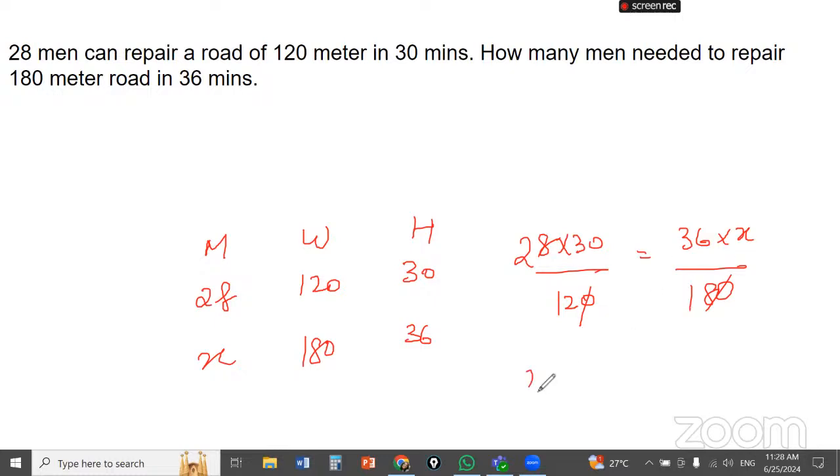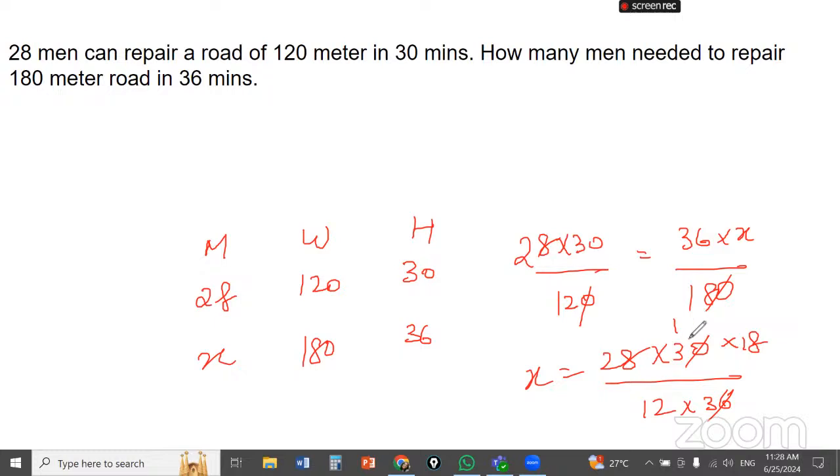So you get x is equal to 28 times 30 times 18 upon 12 times 36. This is what you get. When you simplify them, you get the answer to be, yes, Mercy, yes, everybody got it.